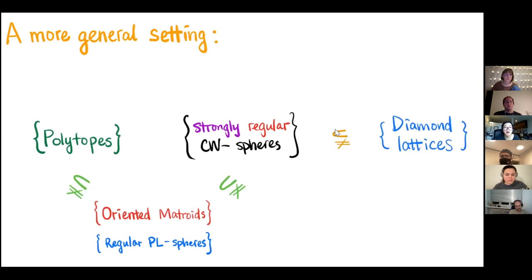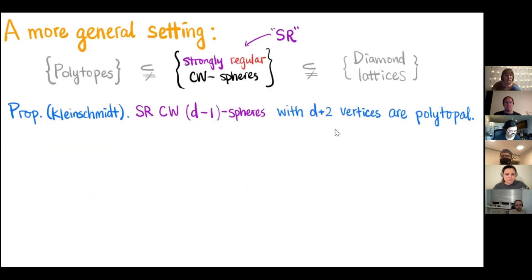And here's to show you that this is indeed a much bigger set than the set of polytopes. There are some spheres coming from oriented matroids in this family, and also regular PL spheres. One simple fact about these strongly regular CW spheres is proven by Kleinschmidt: any strongly regular CW sphere with exactly d+2 vertices is the boundary of a polytope.